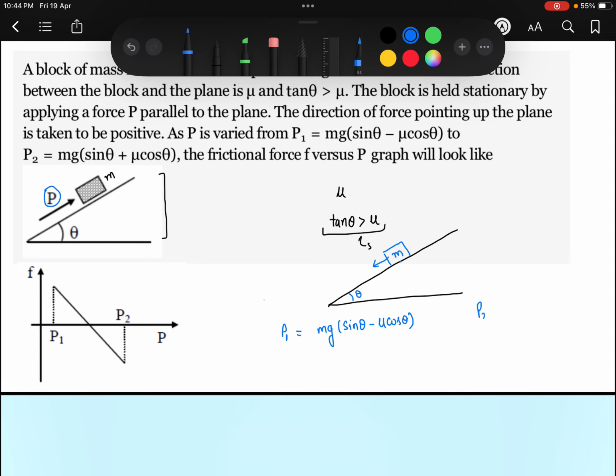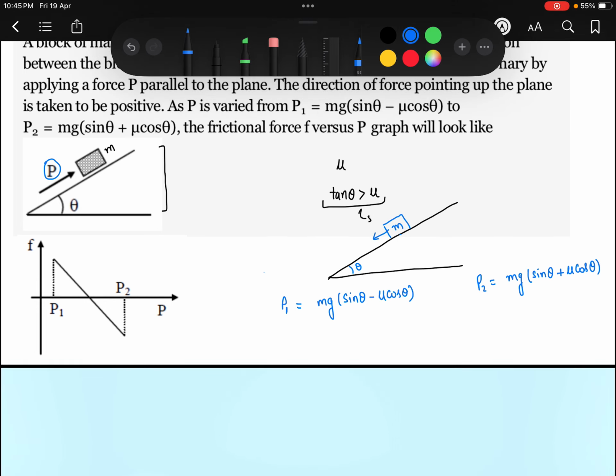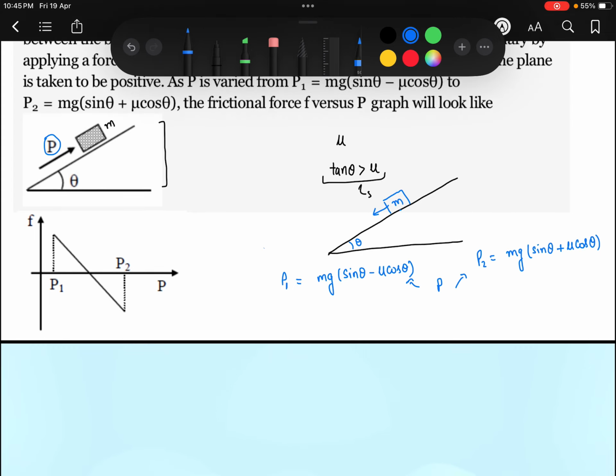And this P2 is given as mg into sine theta plus mu cos theta. So the value of P is varying between these two forces. Okay, now we have to draw the graph between the frictional force F versus P, that is the applied force.